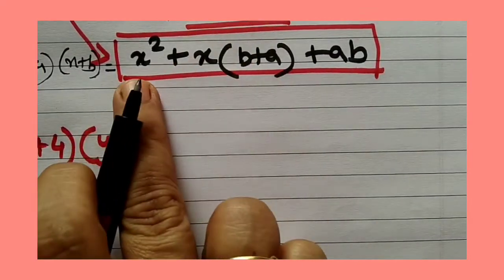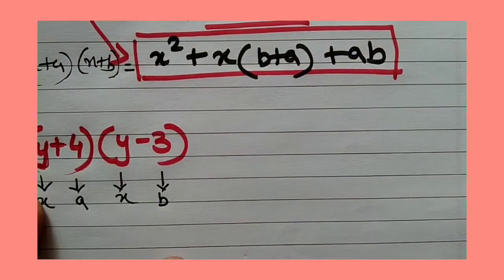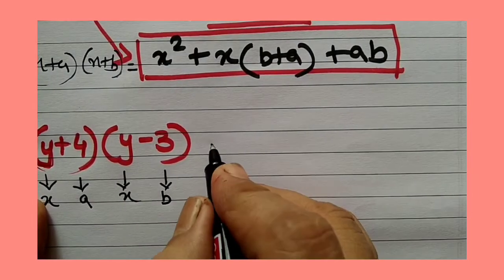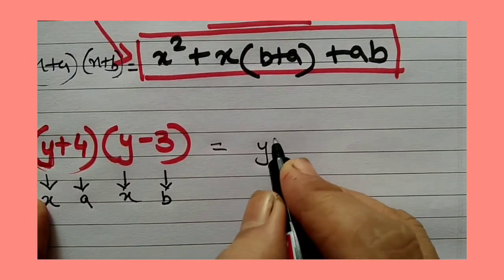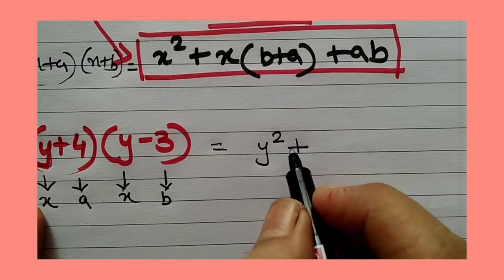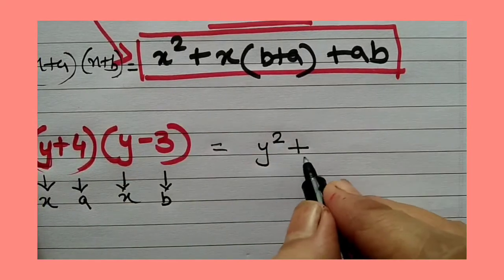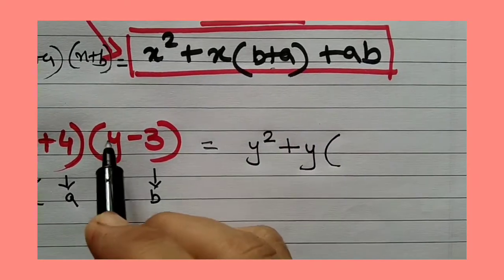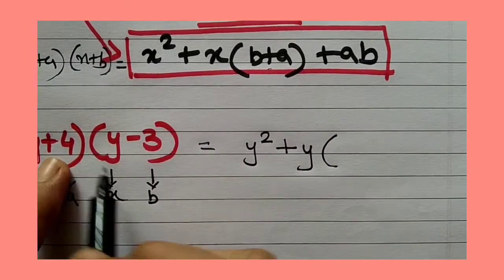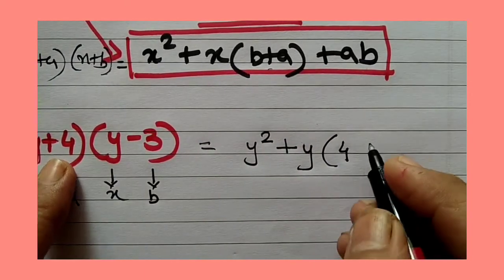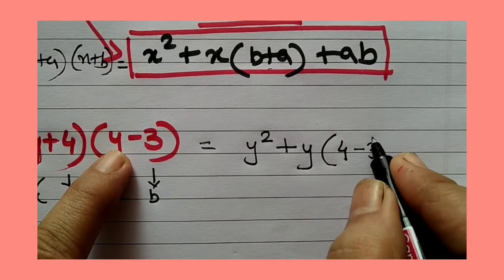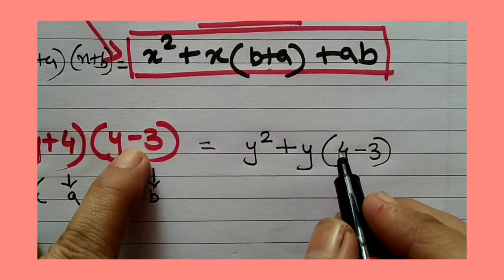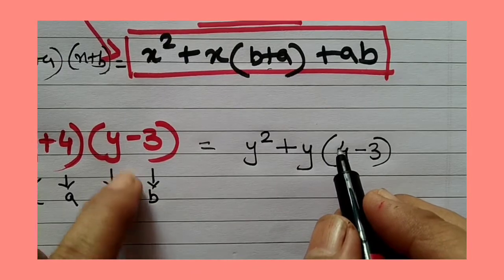Now let us substitute in this formula. x²: what is x over here? This will be y². Plus x, that is plus y, into the bracket (b + a) or (a + b). It is a + b: a is 4 and b is −3. You have to take it with the sign, because we have just written b; here it is −3.